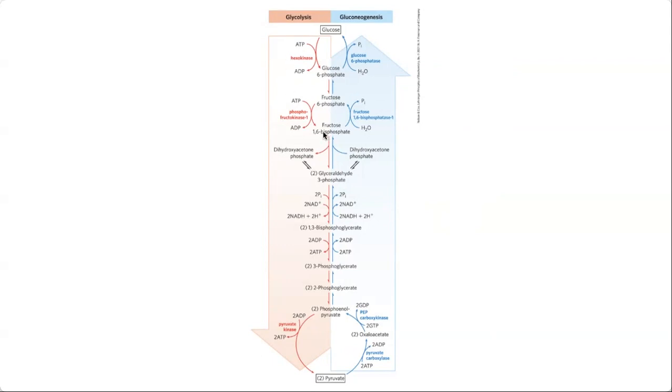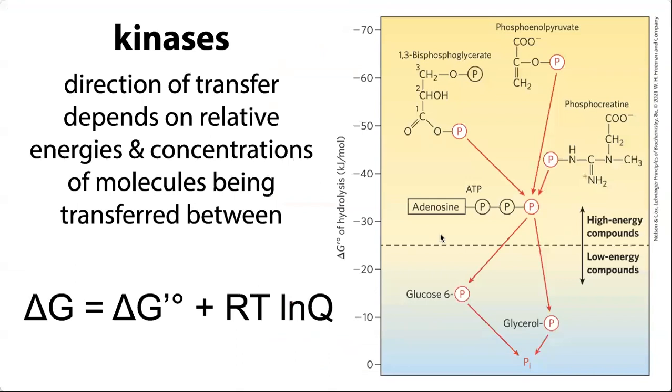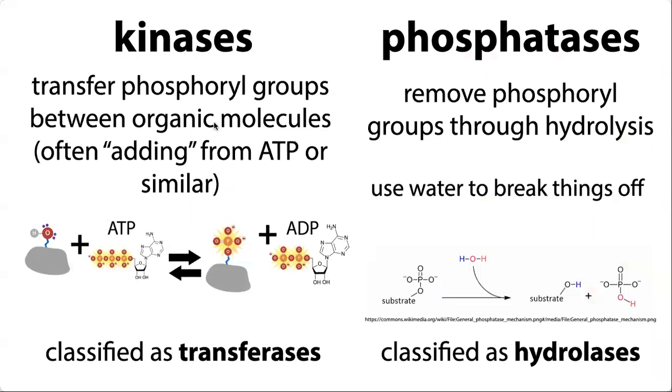Especially you can do things like a whole pathway, because often the addition of a phosphate group from ATP is going to have a very large negative delta G. Not always, because remember, some of these are going to be easily reversible, but a lot of our phosphorylation steps are going to be hard to reverse, and this makes them good points for regulation and for driving pathways, as well as for coupling unfavorable reactions to this favorable reaction. So that is your basics of kinases and phosphatases, and hope that helped.